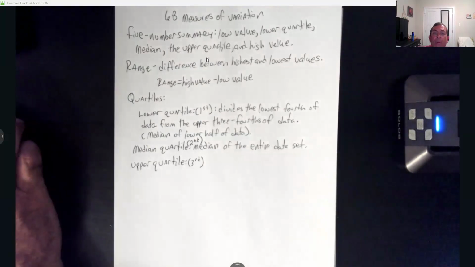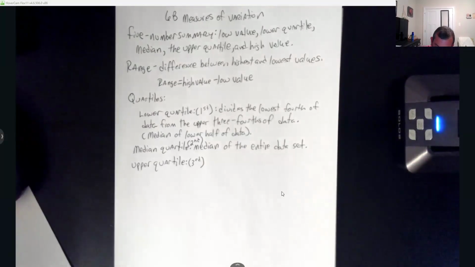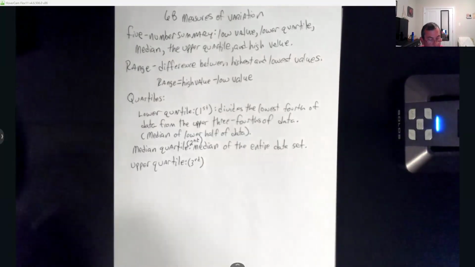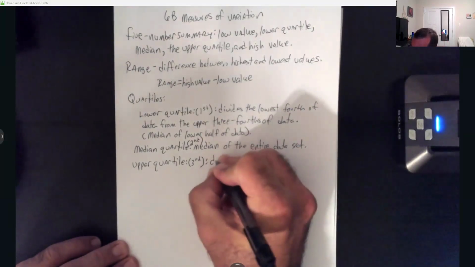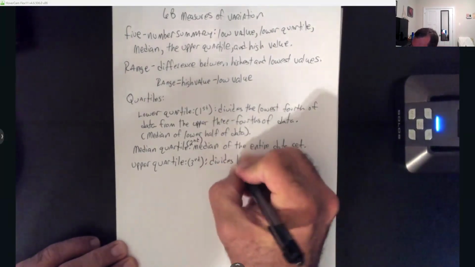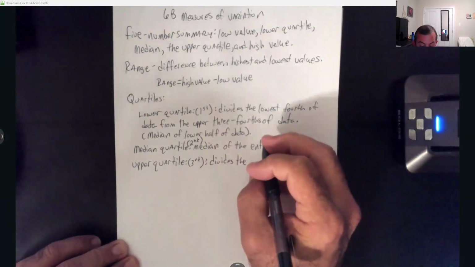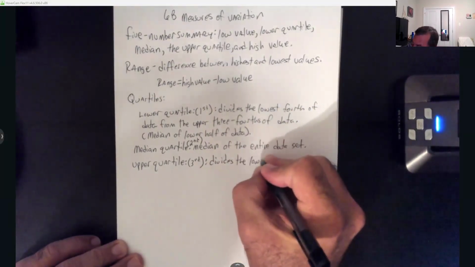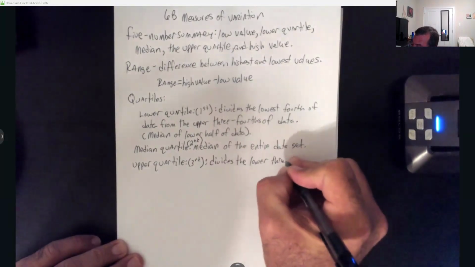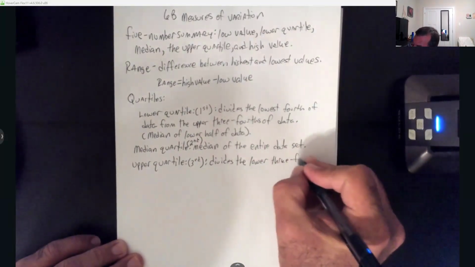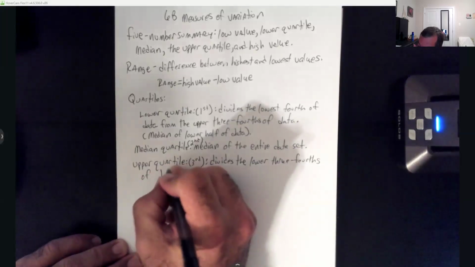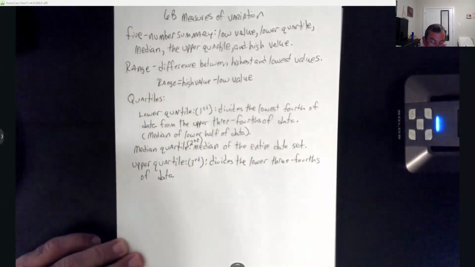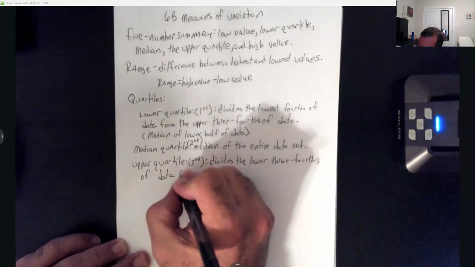And the upper quartile divides the lower 3/4 of data from the upper fourth of data.